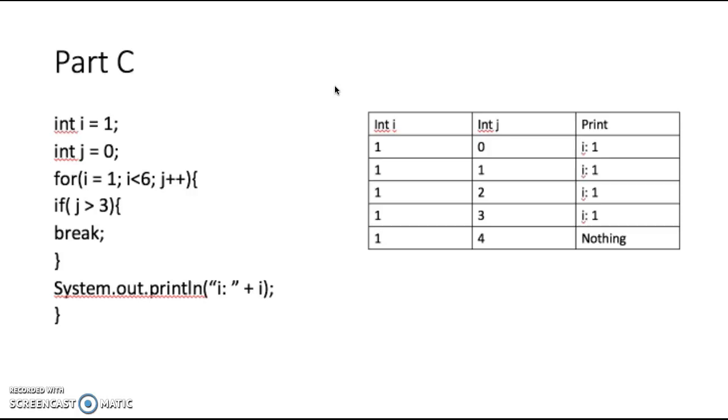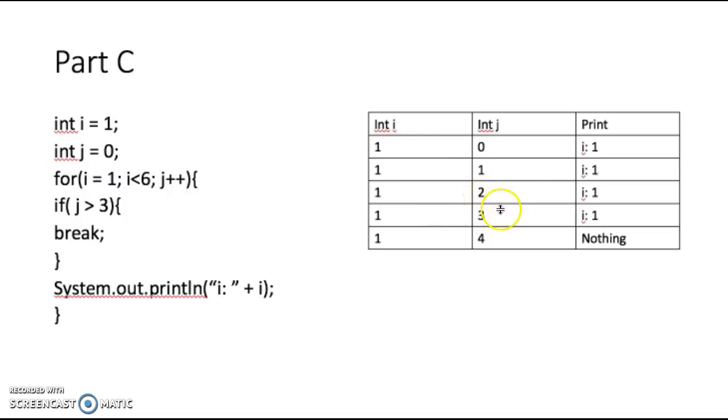As you can see from this example, each time I prints out, at the end of the statement we are going to increment j by 1, and the integer I just stays the same because there's no effect on integer I throughout the for loop.